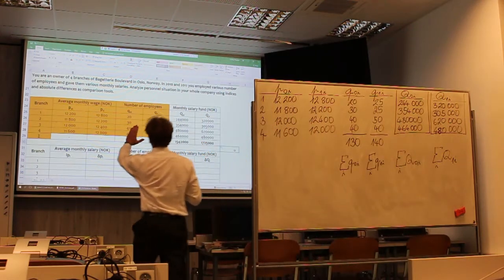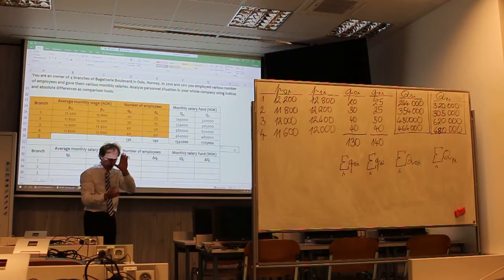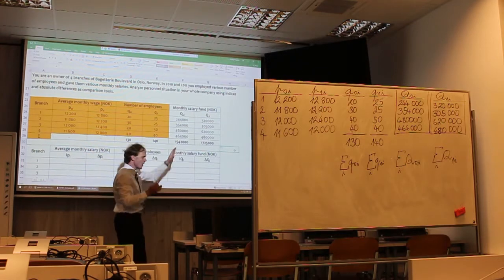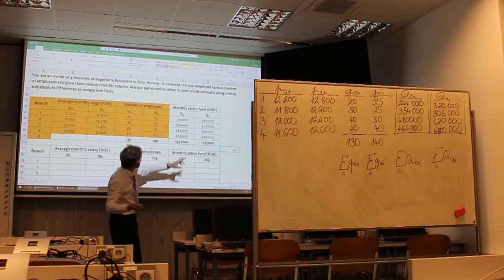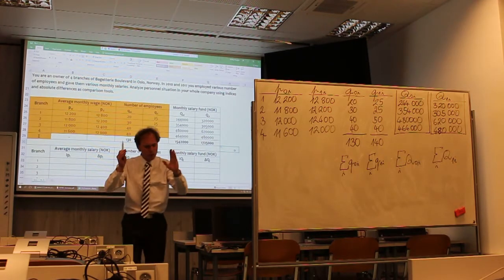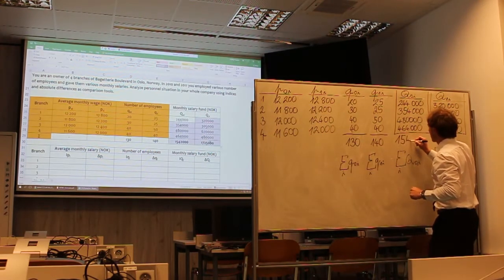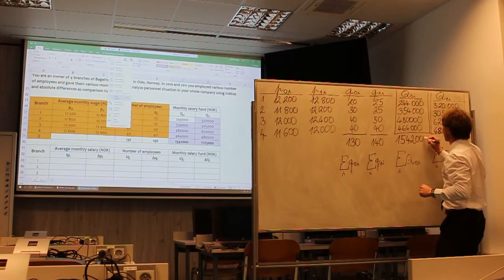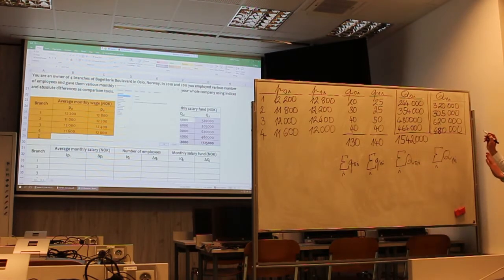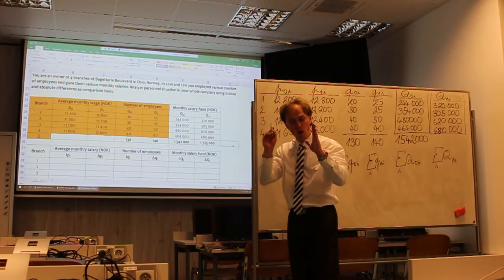For your 130 employees, you needed in year 2010 on wages, on salaries, 1,542,000 Norwegian crowns. So this sum of money you needed in year 2010 for all your employees.